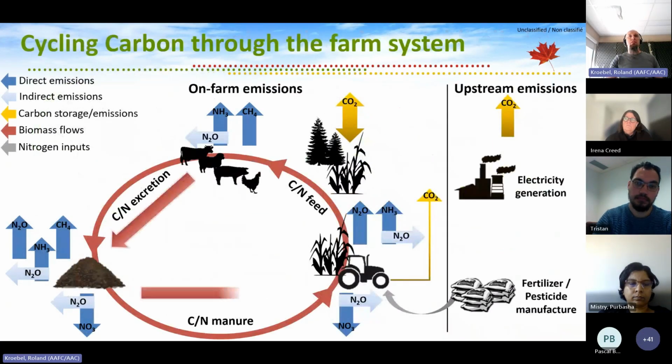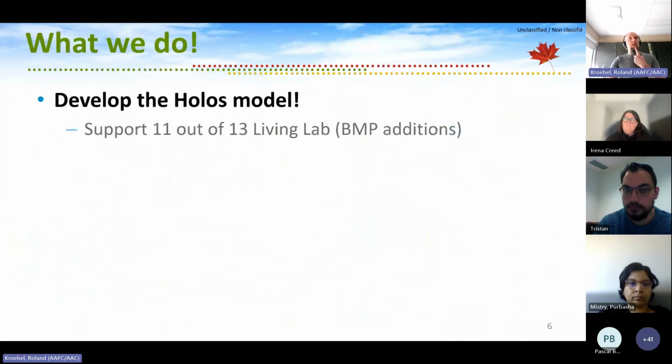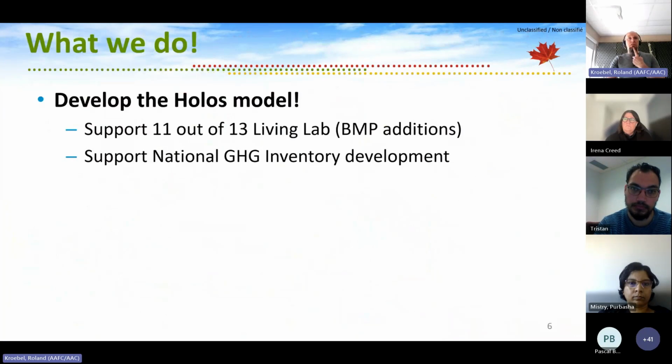it needs to function. So what we do currently and are involved with is basically we are working with 11 living labs and support their reporting requirements, because as they are focusing on agricultural climate solutions, the project deliverable is that they provide an estimation of GHG reductions.